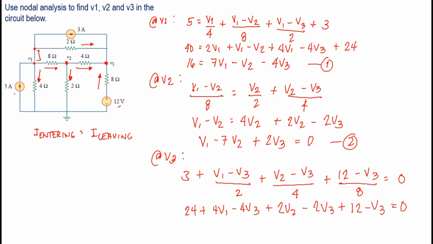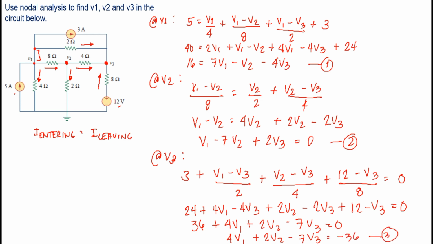And we'll have 36 plus 4V1, then 2V2, and negative 4 minus 2 minus 1, negative 7V3 is equal to 0. Therefore, our third equation is 4V1 plus 2V2 minus 7V3 equal to negative 36.